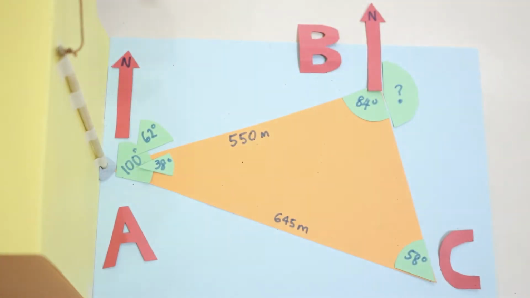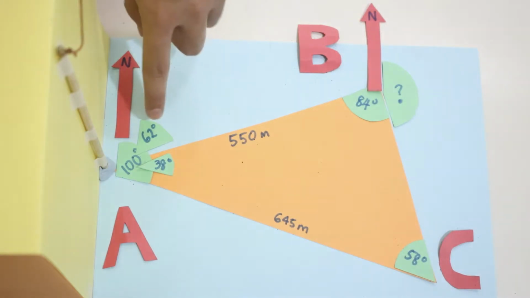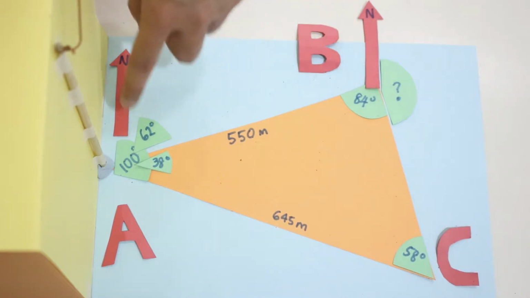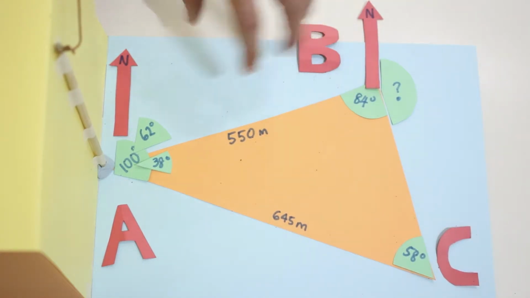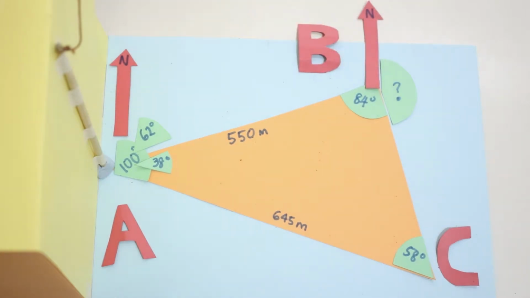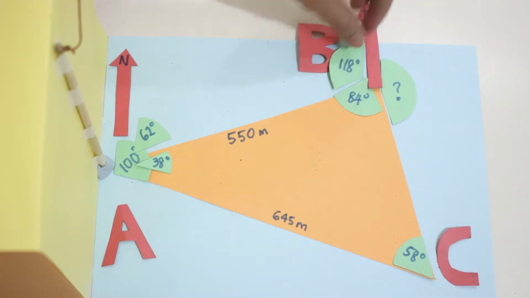And the second, by interior angle. If this is 62 degrees, this line here and the north line are parallel. Therefore, if this is 62 degrees, then the angle here will be 118 degrees.